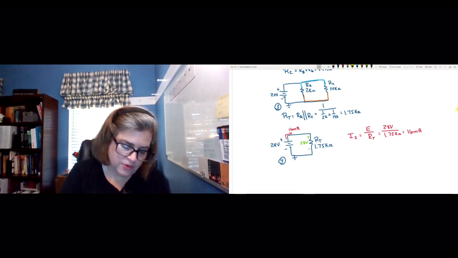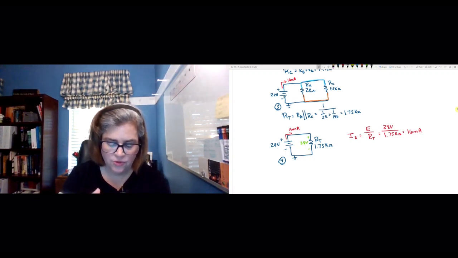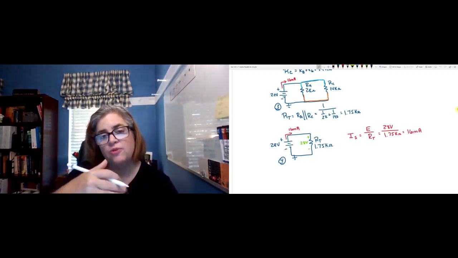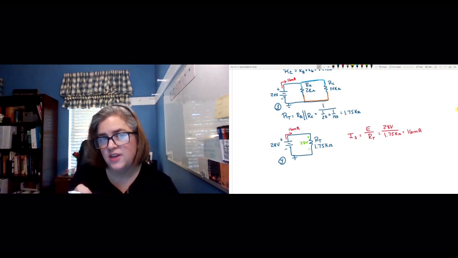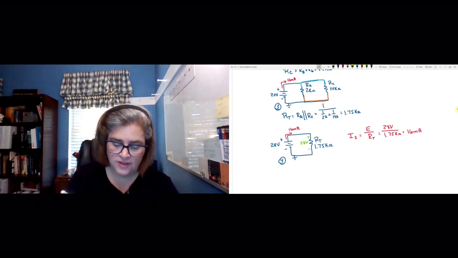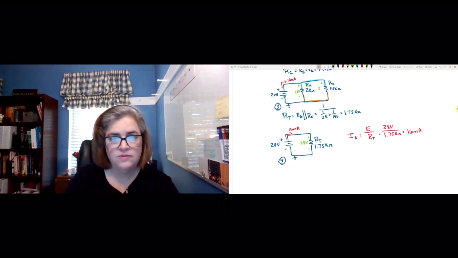I found out that I'm supplying 16 milliamps to my circuit. I also know that between step 4 and 3, I combined RA and RC in parallel. And what do we know about parallel resistors? The voltage is the same across each. So I'm going to have 28 volts here and 28 volts here.